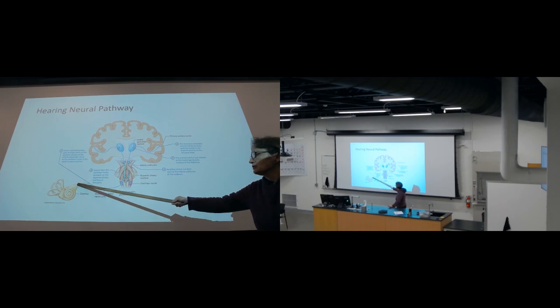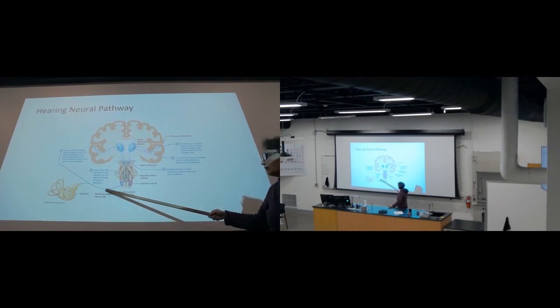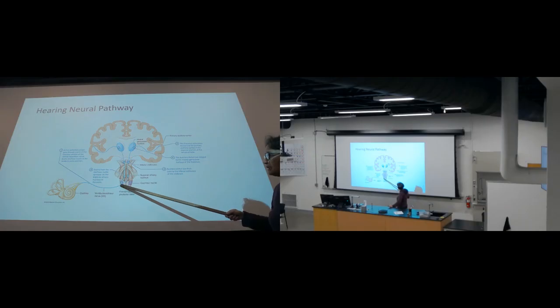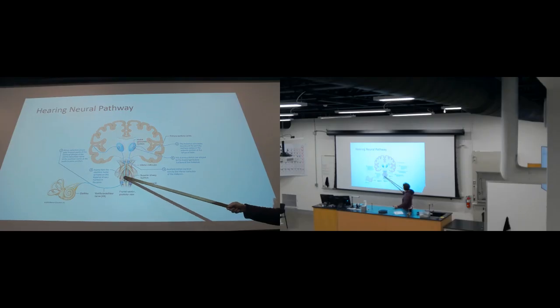Then these action potentials from the cochlear nerve will go to the superior olivary nucleus and the cochlear nucleus, via a synapse or directly. These will be located in this area just above the cochlear nuclei, and these cochlear nuclei will extend axons to synapse with the inferior colliculus of the corpora quadrigemina.